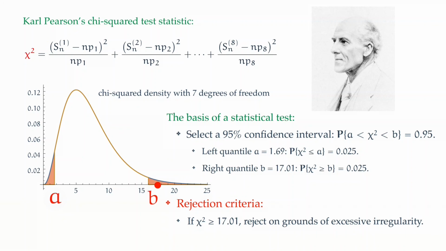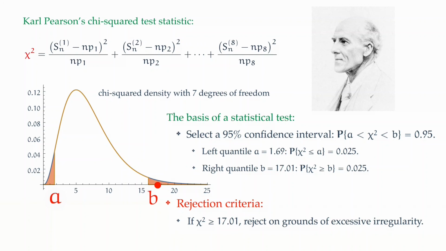But there is another possibility. This possibility that I've outlined for you is what is typically done in a statistics package. But the form of the density also tells us that not only are large values for chi-squared not to be expected, but that very small values are also suspect.